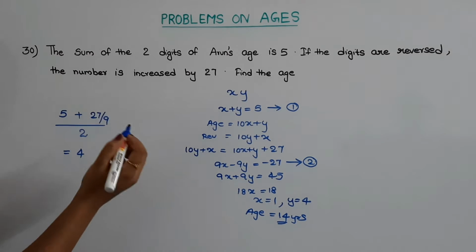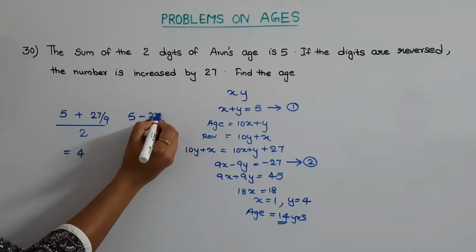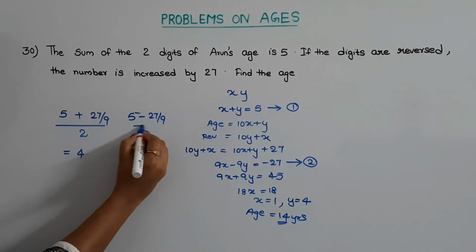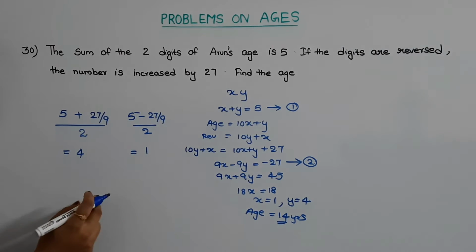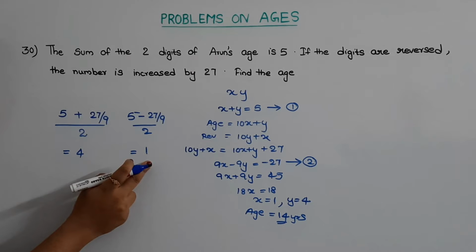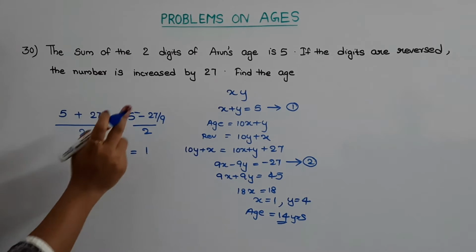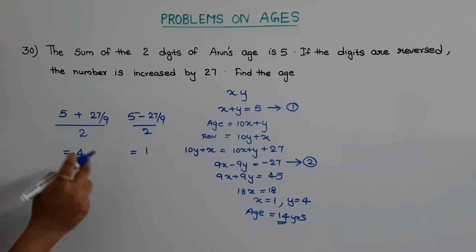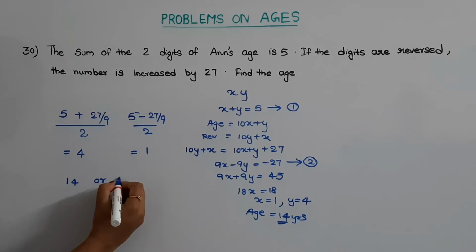Now the other digit will be 5 minus 27 by 9, divided by 2. On solving this, you will get 1. So this will be the other digit. These are the digits of Arun's age, so the age can be either 14 or 41.